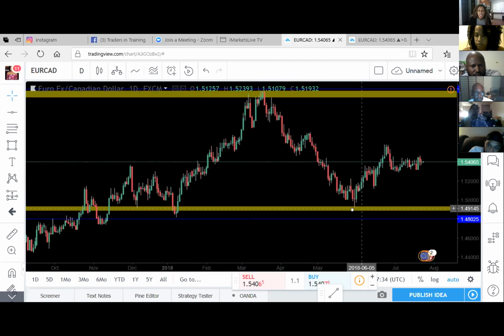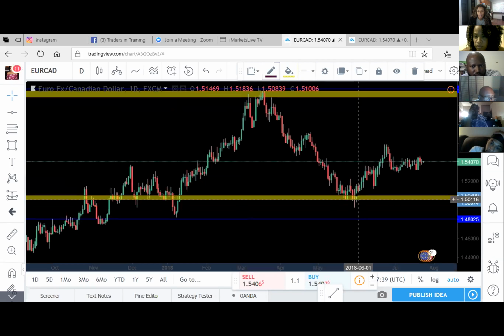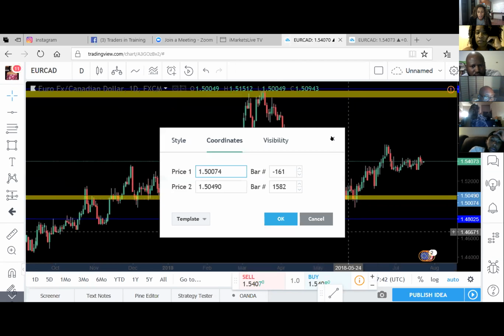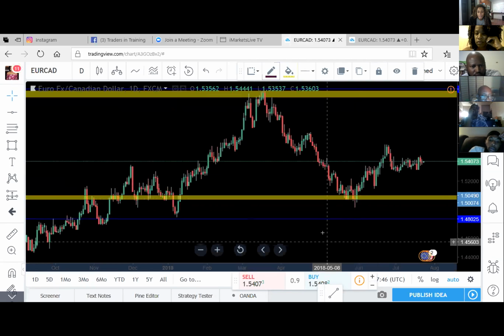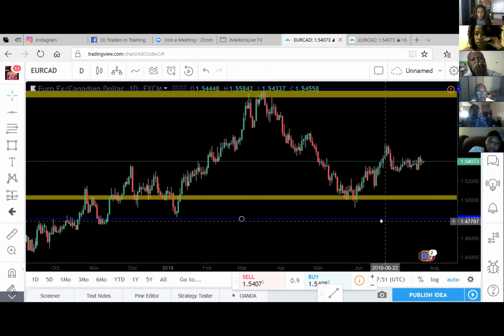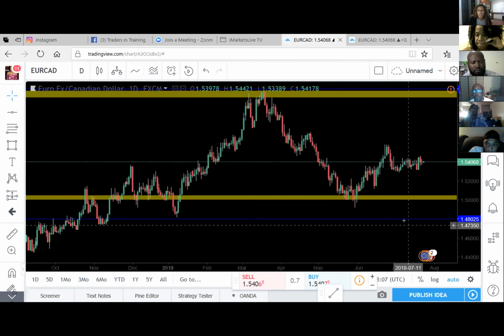You got to look for the consistency of an area to validate it, not just say, oh, I'm going to draw this line here. You know what I'm saying? That's a really small zone, but.